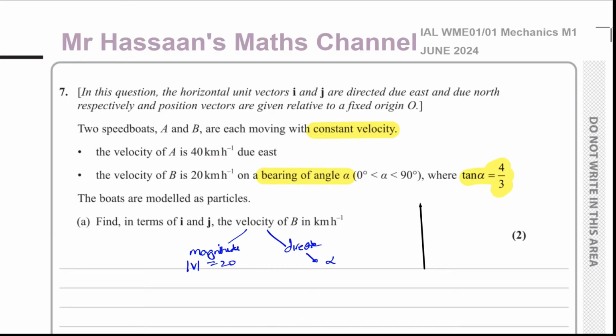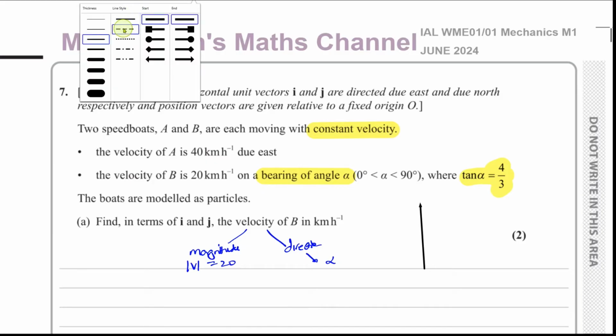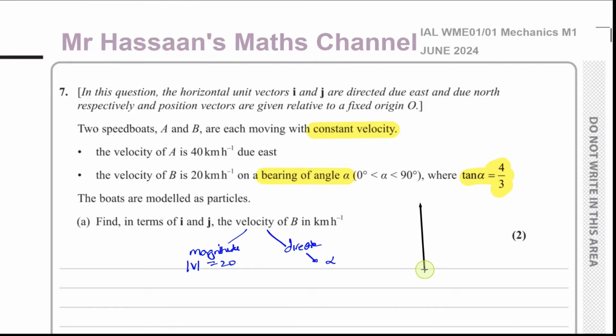Let me draw a line like this. We go clockwise, and the angle is between 0 and 90 degrees, so somewhere in this first quadrant, pointing up this way, such that the tan of the angle is 4/3.